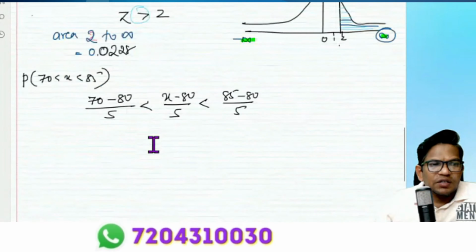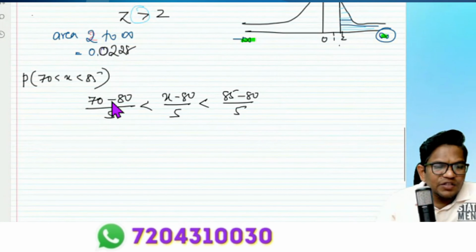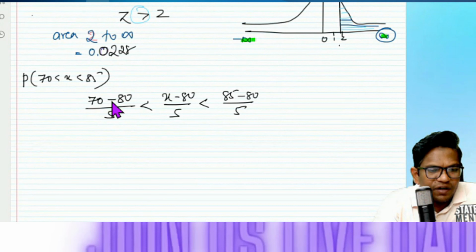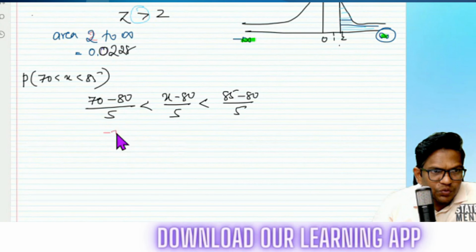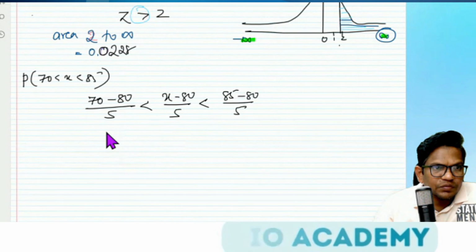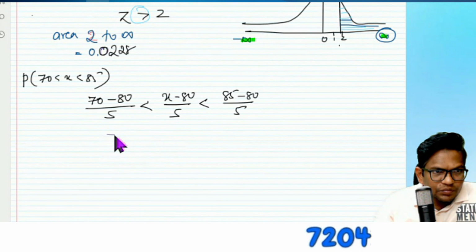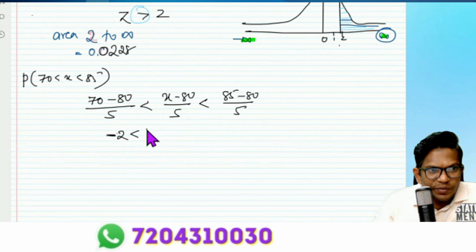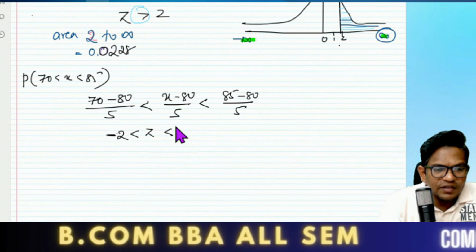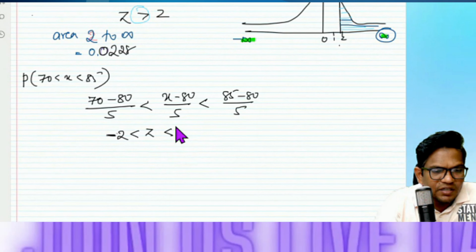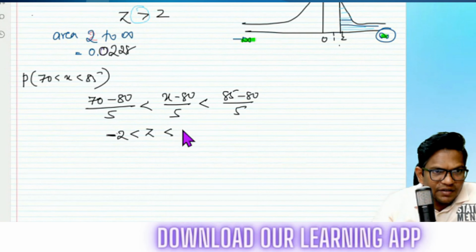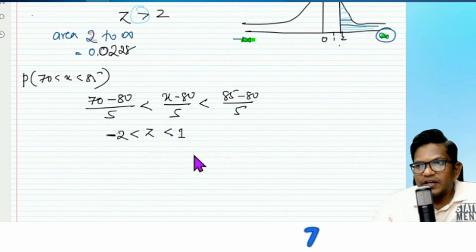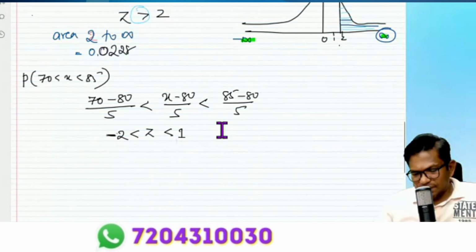How much is that? 70 minus 80 divided by 5 is minus 2. Less than, this will be Z less than (85 minus 80) divided by 5, which will be 1, right? Got it? Very simple.